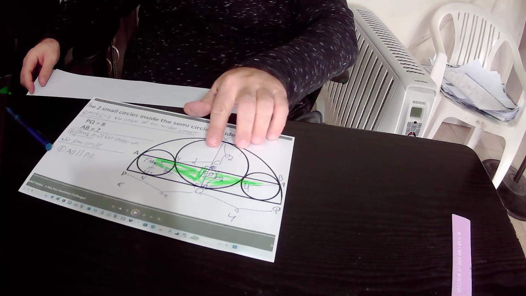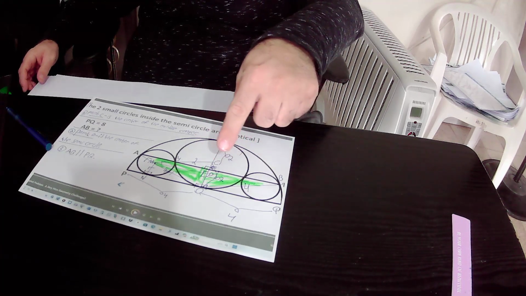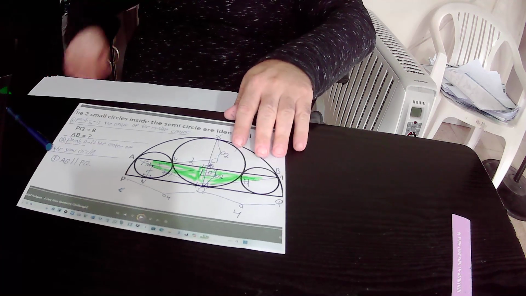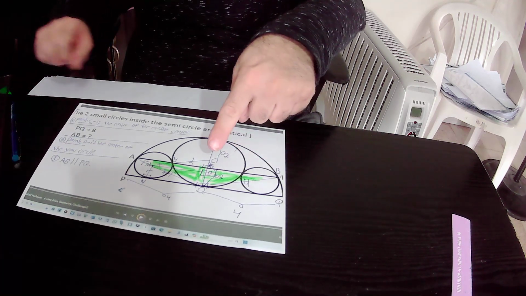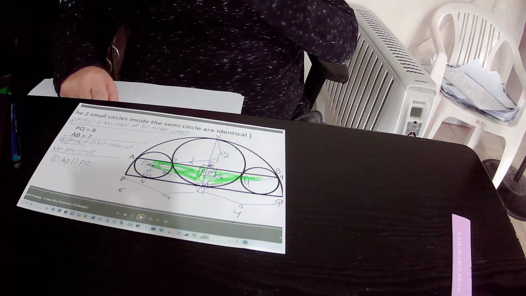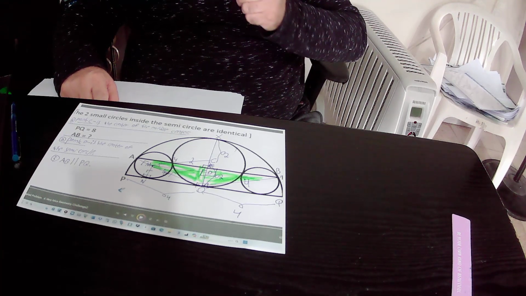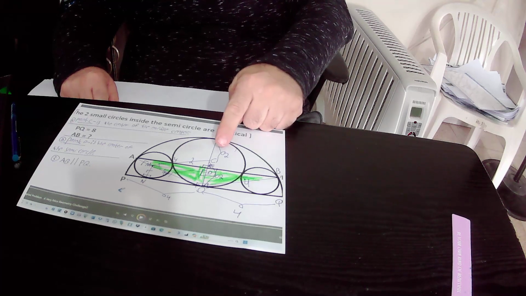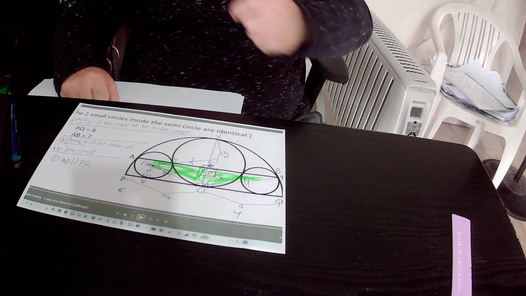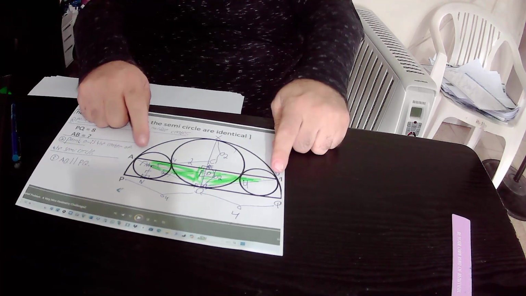We know that the middle circle is tangent to the semicircle at point O, and point O is also the center of this semicircle. Okay, and we also know that point C is the center of this middle circle.